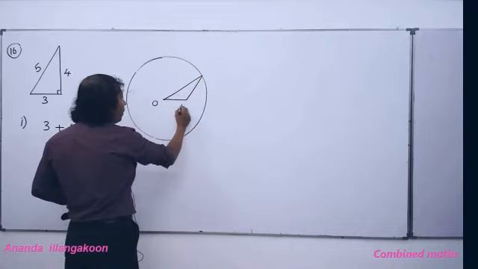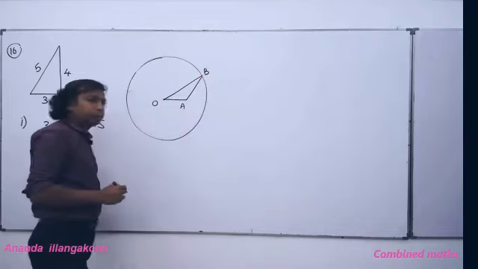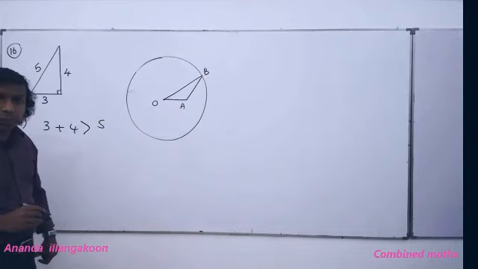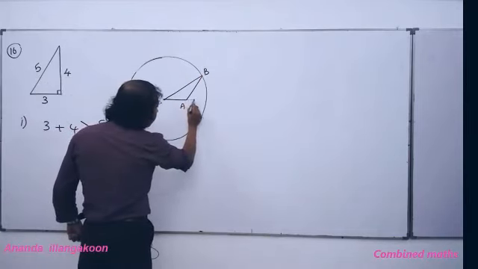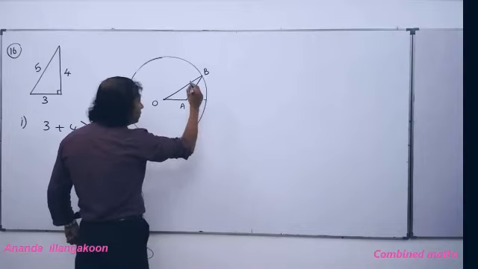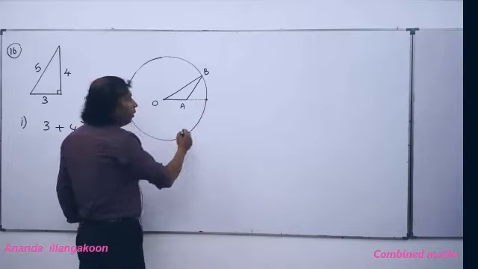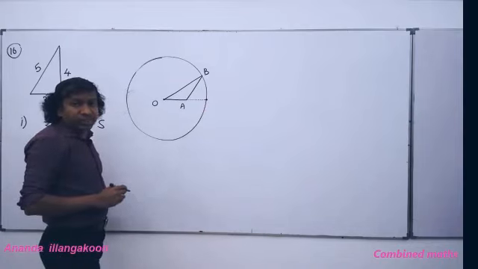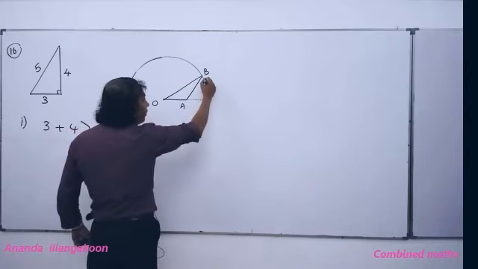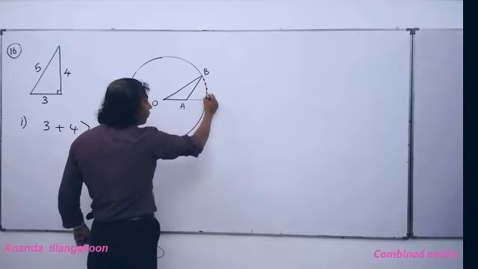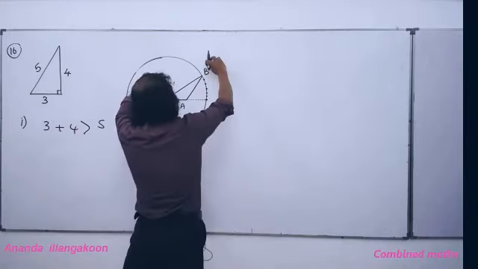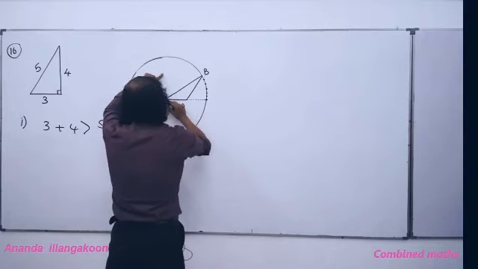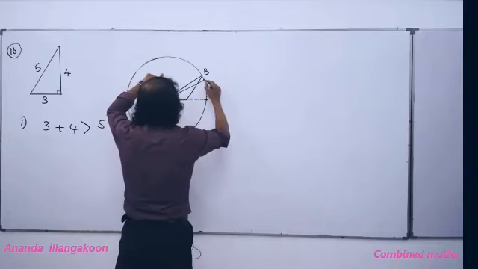A, O, A, this is P. Now, I produce this line OA like this. It cuts this circle here. Now, people, what to do? What we do next is, we bring this point B along the circle like this, and keep drawing the triangle. Once this B is coming along the circle like this.